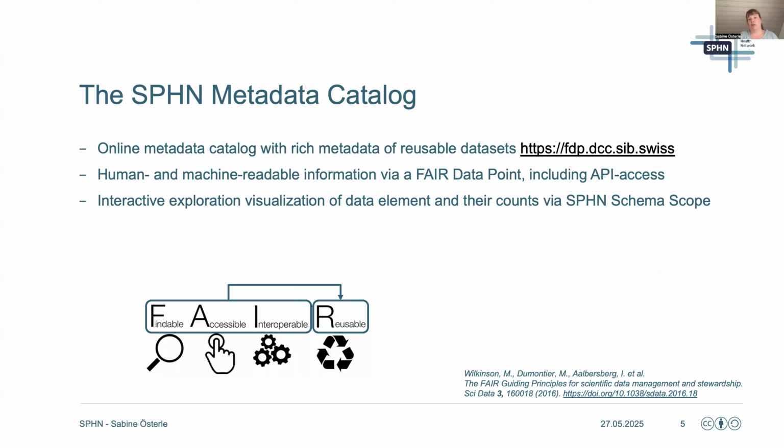On top of the FAIR Data Point, we established a visualization component, which we call SPHN Schema Spy. Here you are able to explore the schemas of the project, so which data elements are included in a specific dataset, but also their abundance. So how often are certain data elements present in that dataset, to give you an idea of the richness of these datasets.